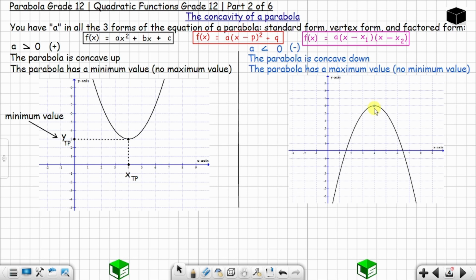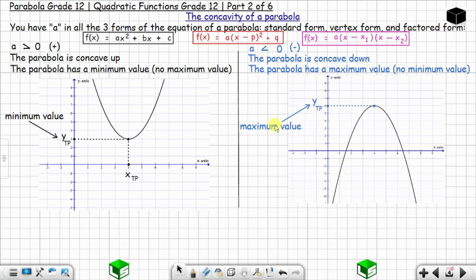This is the turning point, you know that, and this turning point has a value on the y-axis at that point. So this is the y coordinate of the turning point, and it is found on the y-axis. This is the maximum value of this parabola when it is concave down.